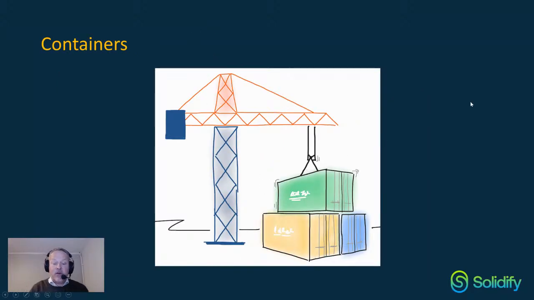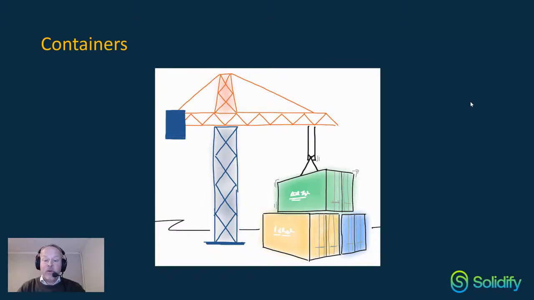Next we have containers. Containers have been there for a couple of years as well, but that is packaging your application in a container. With containers, you can work with Azure or any other cloud or on-prem as well. It's easy to move your containers between different platforms. It's easy to scale out when needed. If you have an application under big load, it's easy to scale it out.